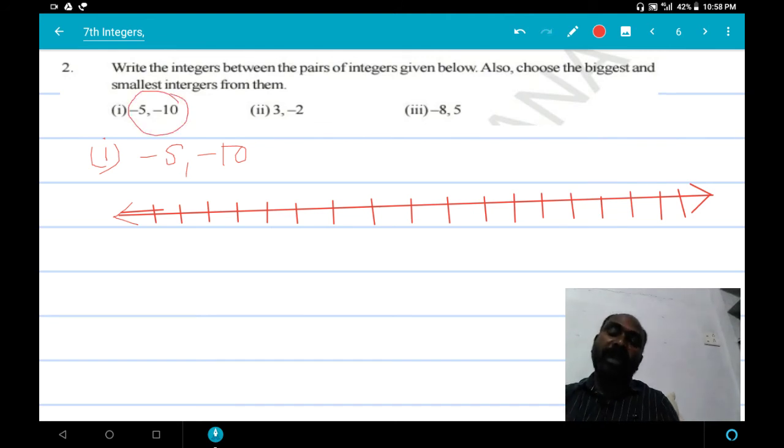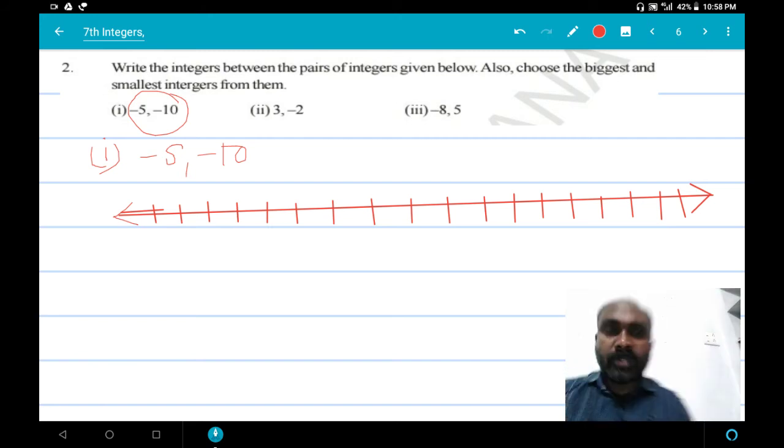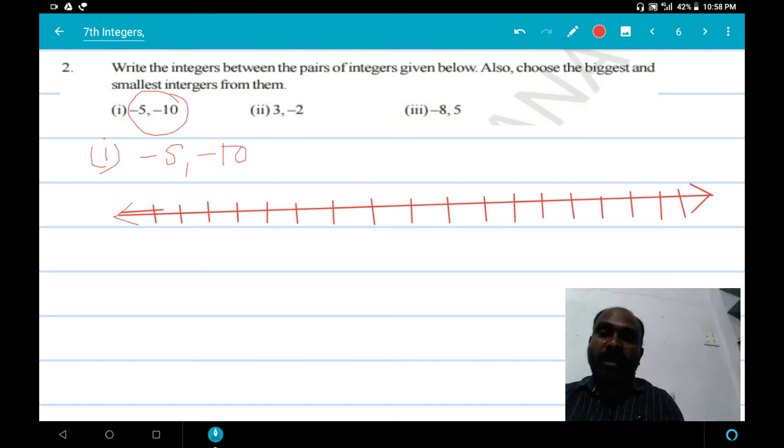both are negative numbers. So here 5, here 10. So here minus 10 is there.